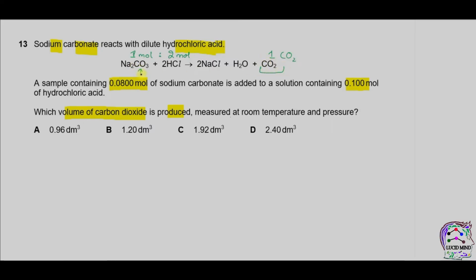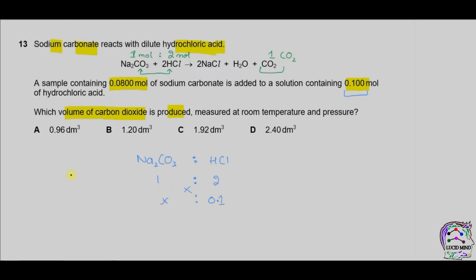Let's find which one is the limiting reagent among these two. As we have sodium carbonate and HCl, according to the balanced equation, we have 1:2. Now, the moles of HCl is 0.1 moles. So if 1 mole of sodium carbonate is needed for 2 moles of HCl, then for 0.1 moles of HCl, how much sodium carbonate will be needed?